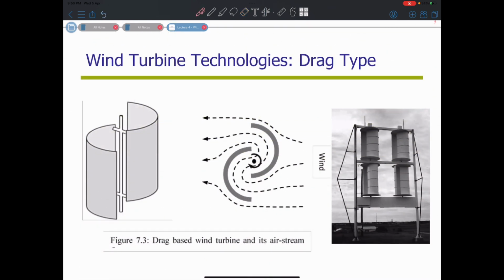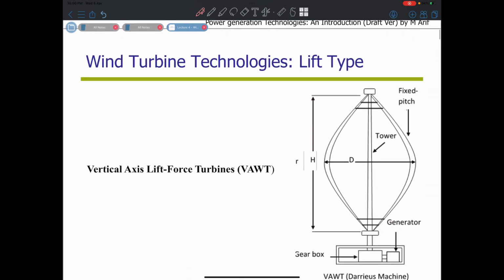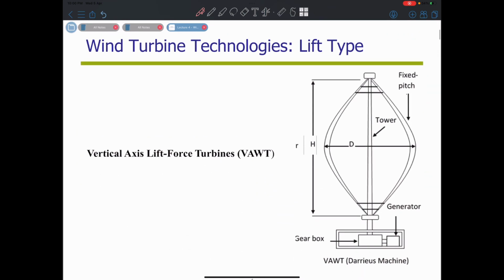There are two types of wind turbine technologies, which are drag type and lift type. For the drag type, as you can see in the picture here, this is a drag type wind turbine, and this is a lift type turbine, which is a vertical axis lift force turbine.